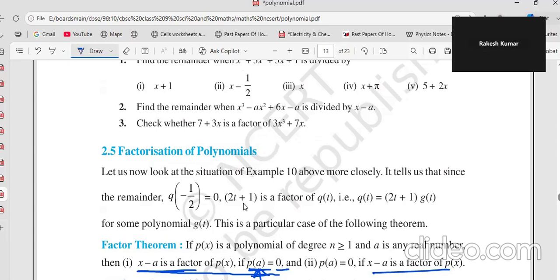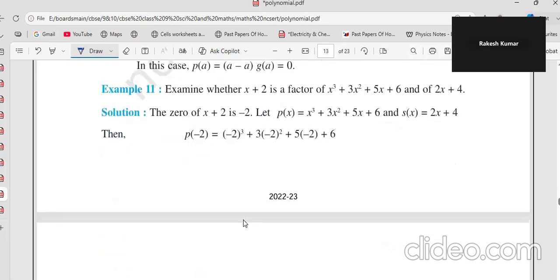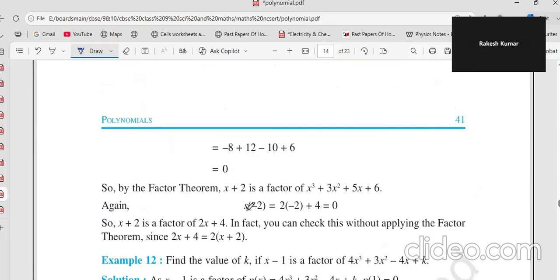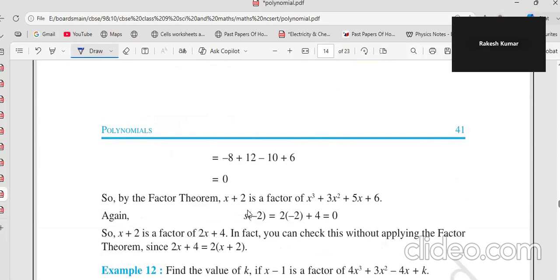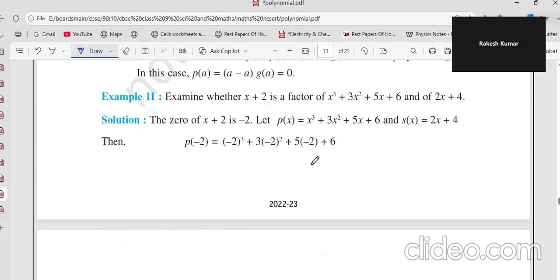So this is another way to find the factors. Whenever we know a zero, we actually know the factors. If we know one factor of this, then we can just divide. We know when we divide this, there will be no remainder, and you can keep on factorizing it.